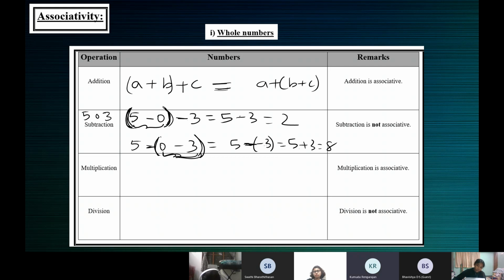So whole numbers are not associative under subtraction. If you group them in different orders, we don't get the same answer. First I grouped 5 and 0. Then I grouped 0 and 3. When I group them in different orders and use the operation subtraction, I don't get the same answer.